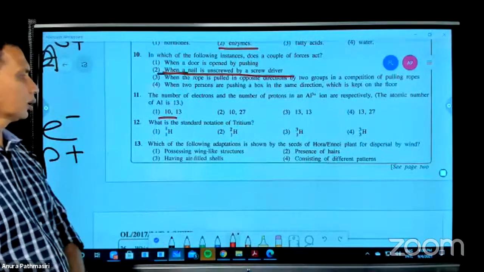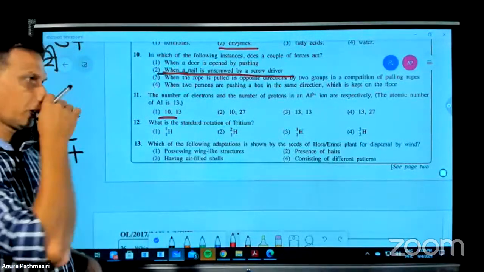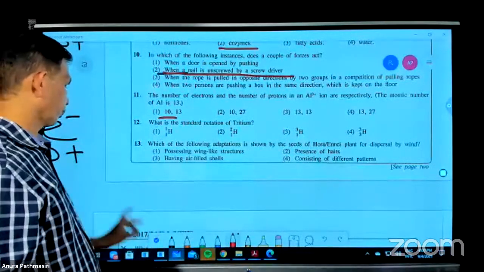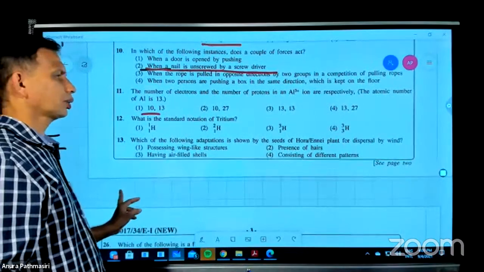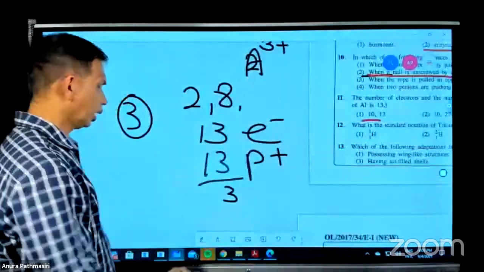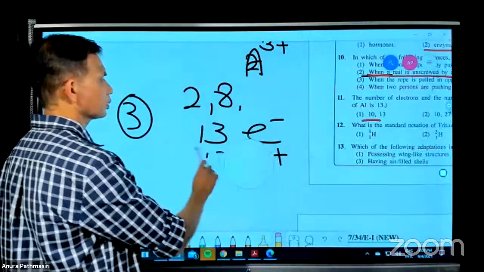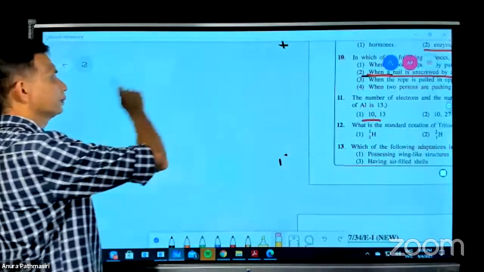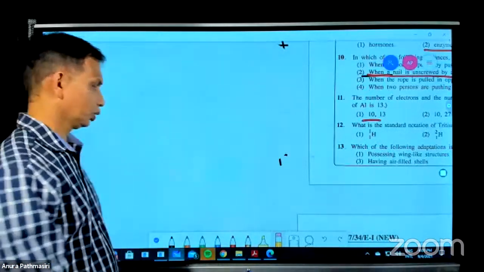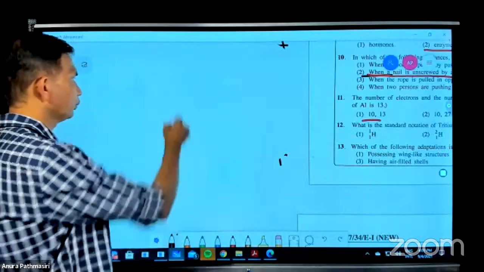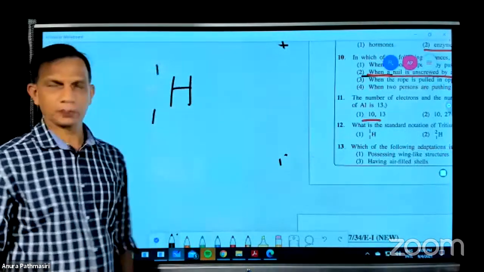What is the standard notation of tritium? You know that hydrogen has three types of atom. Hydrogen element has three types of atom. Commonly found one is protium, 1H1, protium.